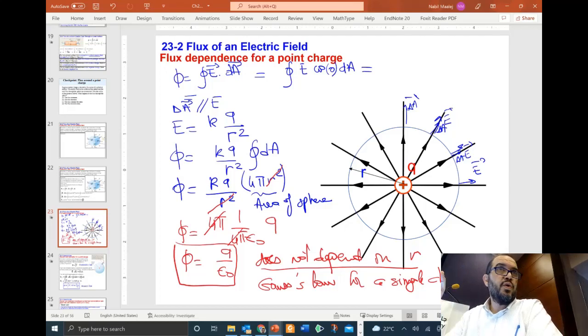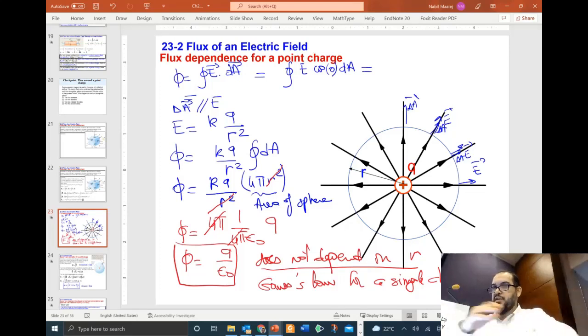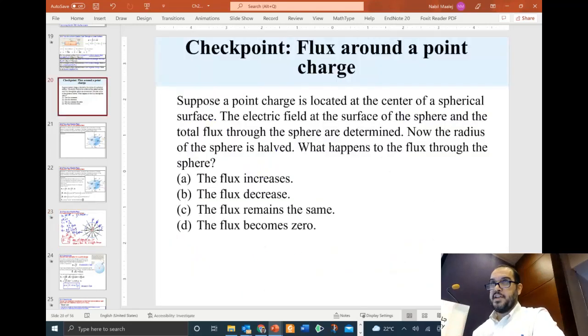But this law, we will see later on, is actually valid for any situation. It does not depend on the radius, and does not depend on the shape of the surface. Very interesting result.